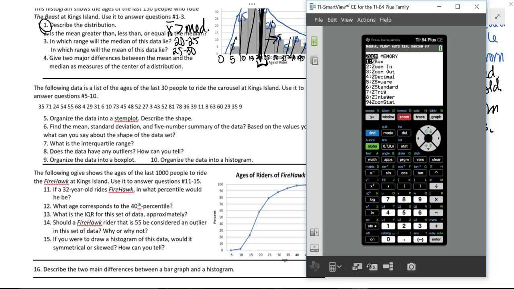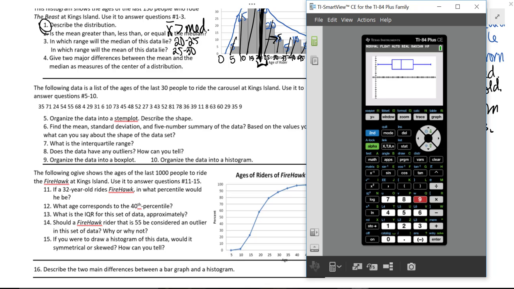After you get that, you're going to go to zoom and come down to number 9, which is zoom stat. It should take a second. We got to make sure that's turned on. There we go. Get that zoom 9, and here we have that plot.